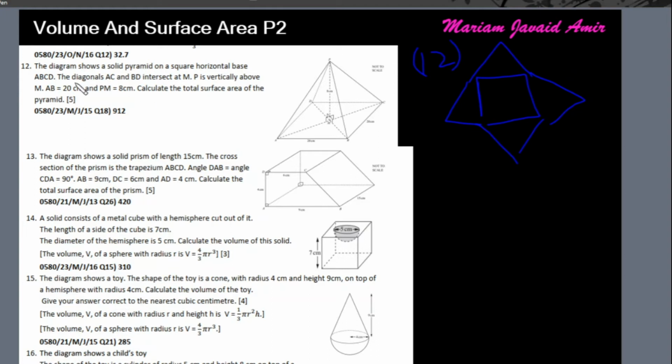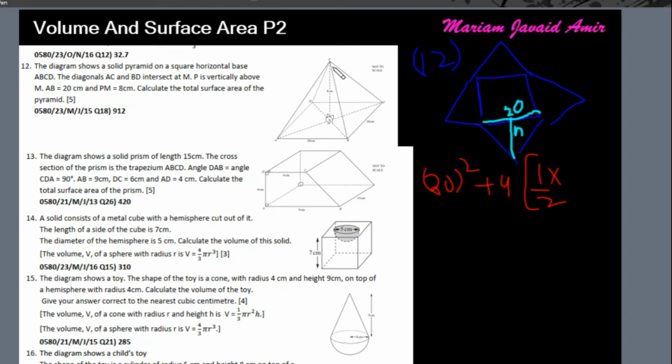In the center we have a square, so we write 20 squared plus 4 times half into the base and the height of these triangles. The base is 20 and we need the value of the height. How do we find these heights?